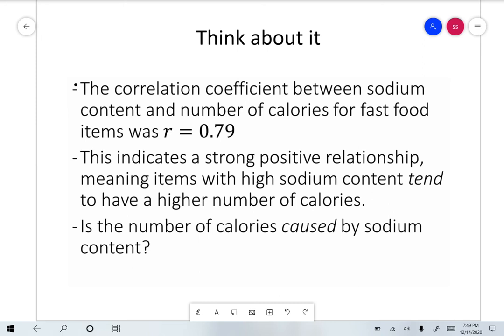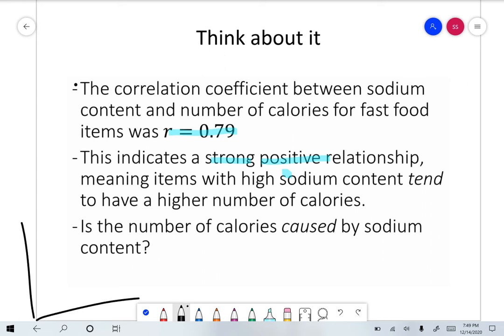Okay, this indicates a strong, because it's above 0.7, positive or negative, and it's a positive relationship. If we picture a graph here, we have a positive slope and it's pretty strong, so the dots are going to be pretty close there.